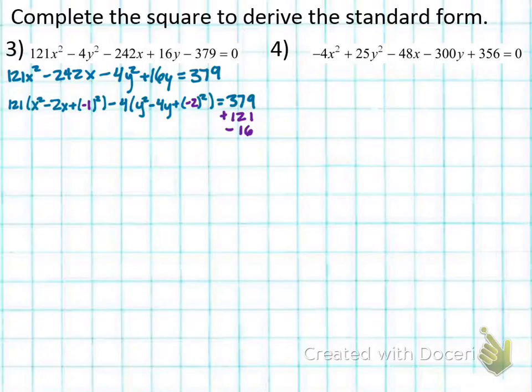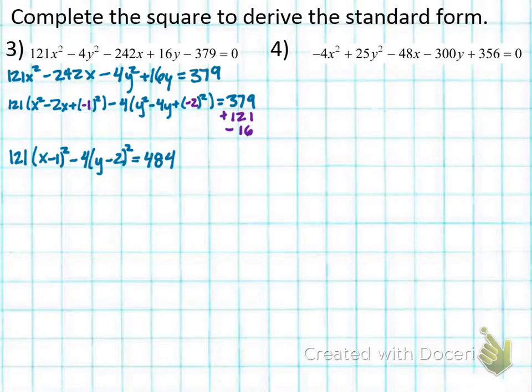Now I'm going to rewrite this, factoring out the pieces that I just completed the square for. So this is 121 times x minus 1 squared minus 4 times y minus 2 squared. And adding those, I get that equals 484. 379 plus 121 gives me 500.